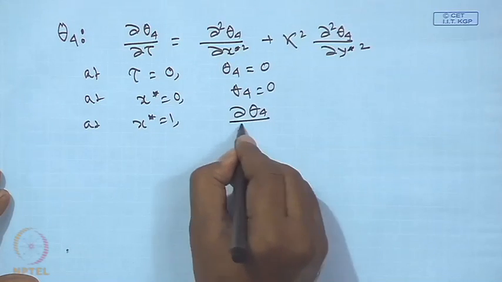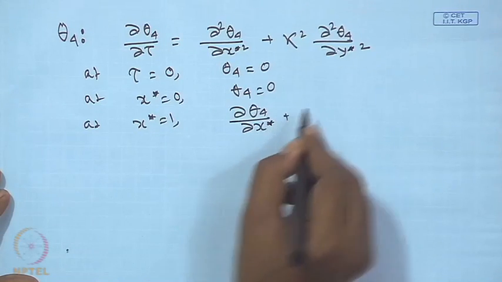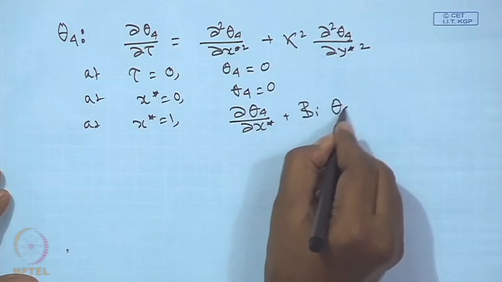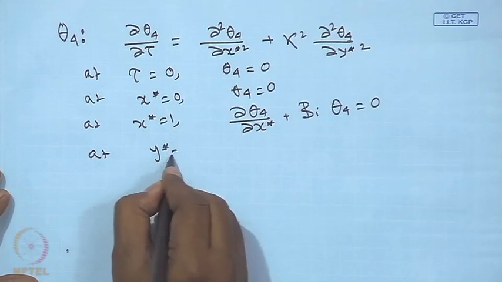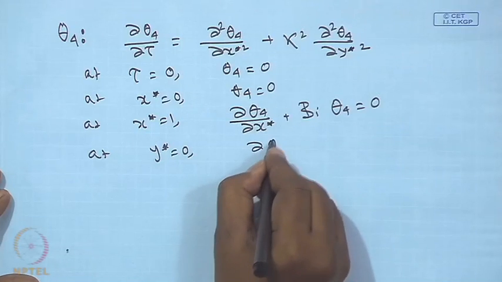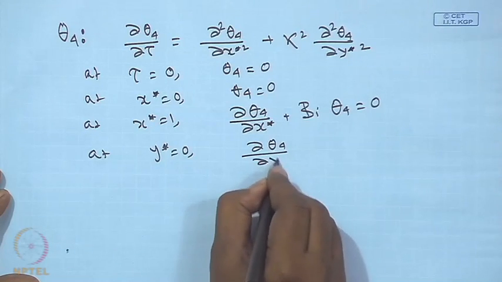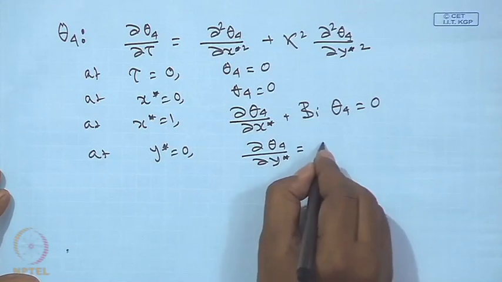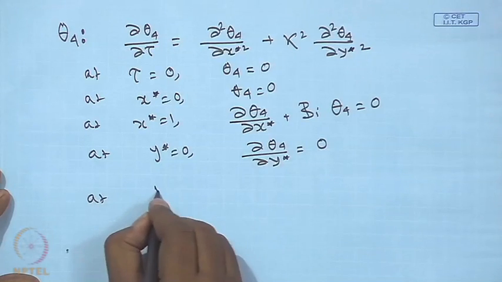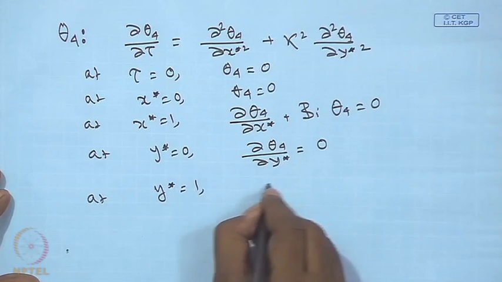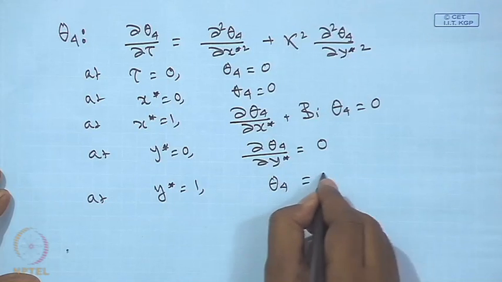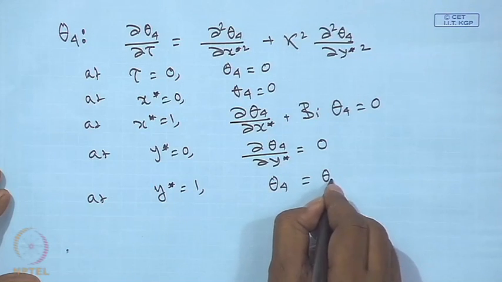del theta 4 del x star plus Biot times theta 4 is equal to 0; at y star is equal to 0, del theta 4 del y star is equal to 0; and at y star is equal to 1, we keep the non-homogeneous term theta 2 naught.